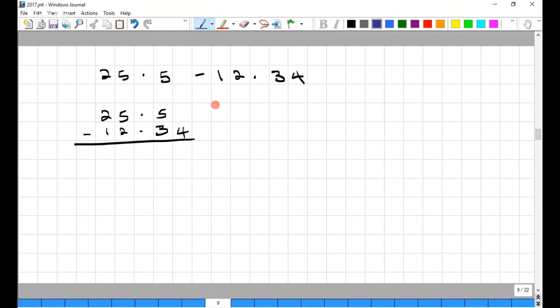Let's go to Shade. Yes, sir. Look at this problem. Read it for me, please. 25.5 subtracted from 12.34. That's not what it says. You said 25.5 subtracted from 12.34.